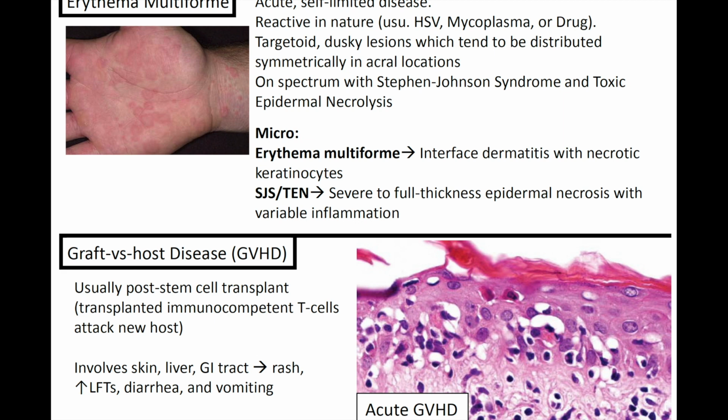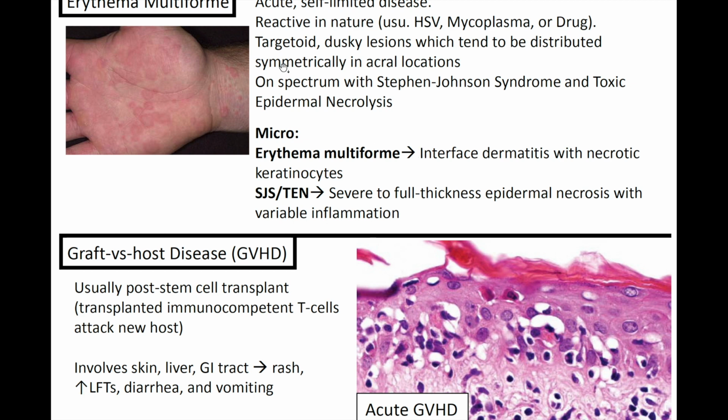And it's on the spectrum with Stevens-Johnson syndrome and toxic epidermal necrolysis. Microscopically, erythema multiforme is going to lead to an interface dermatitis with necrotic keratinocytes. SJS-TEN is going to lead to severe to full thickness epidermal necrosis with variable inflammation.